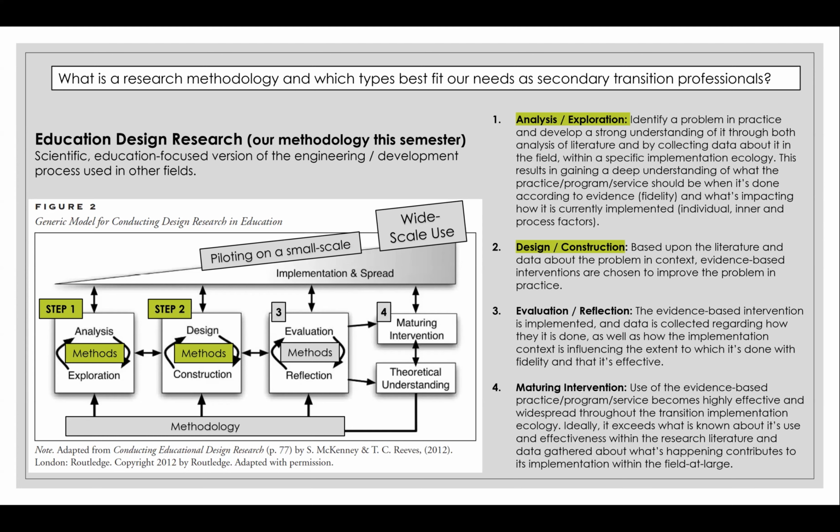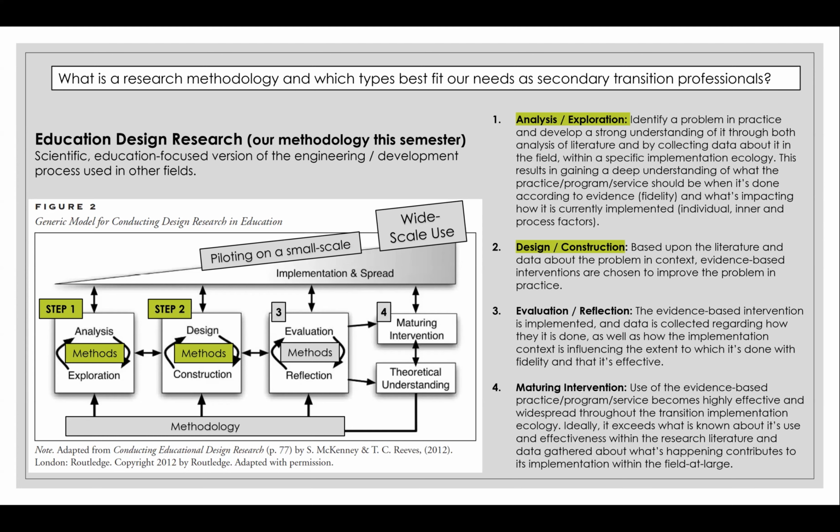Once you have your research question, you then develop a tool to collect data related to your problem in practice. So you'll actually create, in this case, an online survey tool to gather data from stakeholders at your site about the problem in practice.